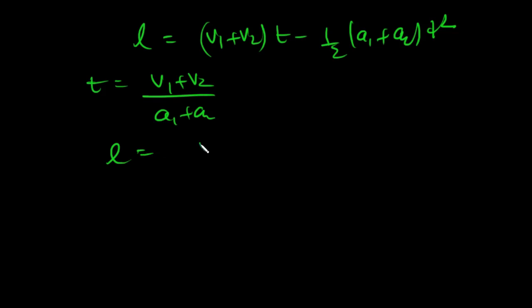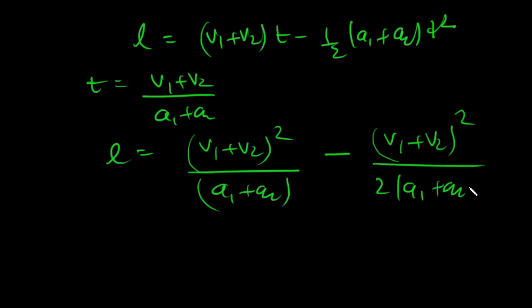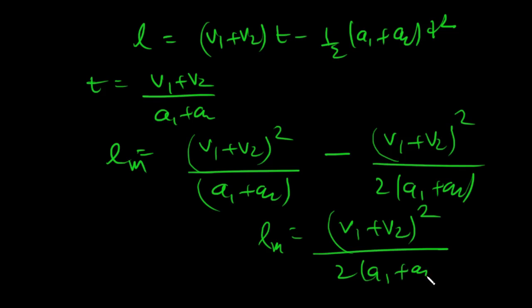So L would be (v1 plus v2) whole square divided by (a1 plus a2) minus (v1 plus v2) whole square divided by twice (a1 plus a2). So we get L max equal to (v1 plus v2) whole square by twice (a1 plus a2). You see, this is a very familiar expression, because distance is always v square by 2a, if you remember. So this is the lengthy procedure.